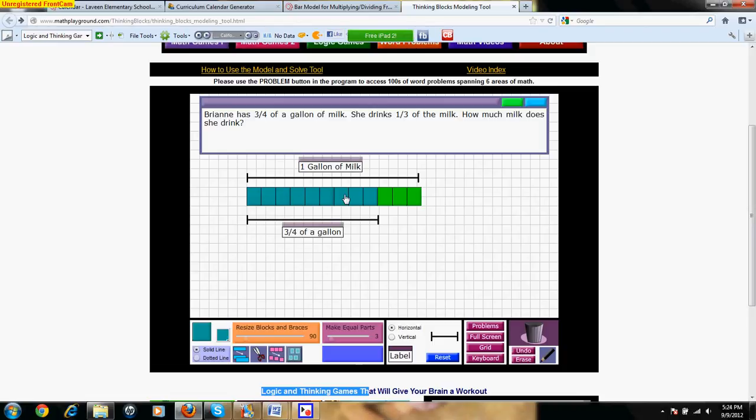So we had to break each of those up into thirds to be able to find our 1/3. So we have 1, 2, 3 broken up into thirds. We're going to go ahead and select one of those, which is right here. We'll change the color so we can see it, and then label this. Put it on the outside over here.